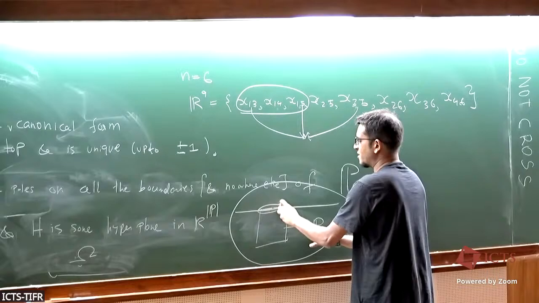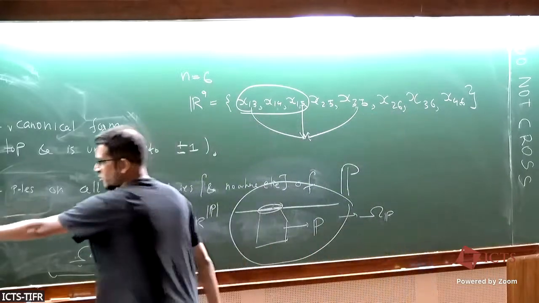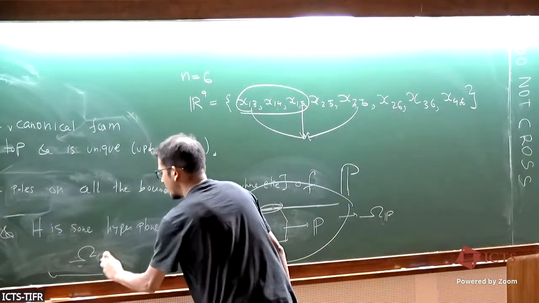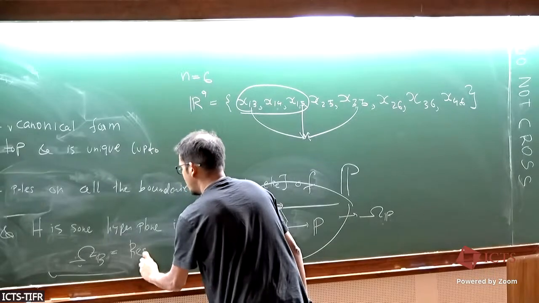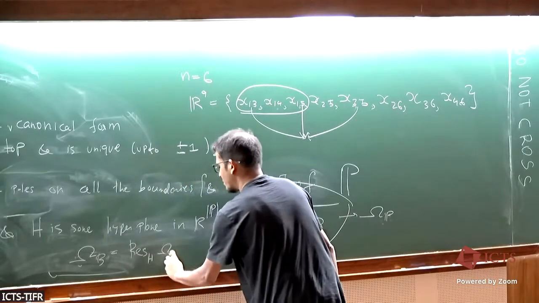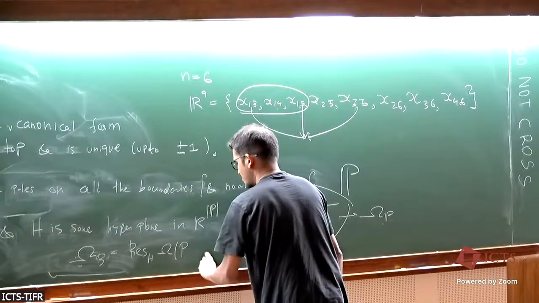So if I take this B, it's also a positive geometry, and omega of B is simply a residue on H of omega of P.